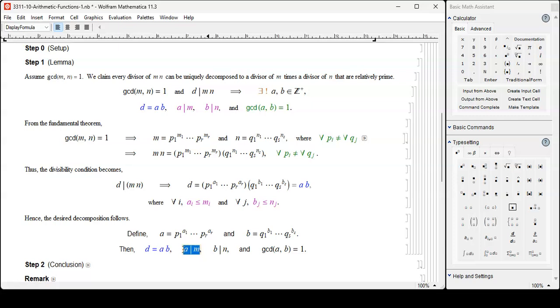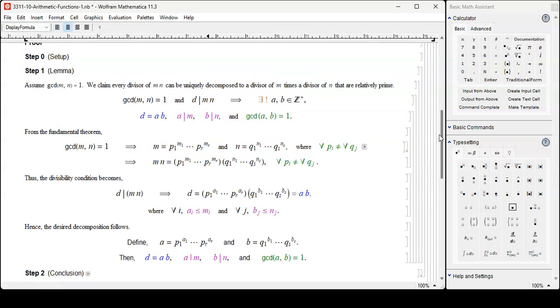And a divides m and b divides n because the powers of p for a are less than those for m, and the same for b versus n. And the prime factors are all different, so they're all relatively prime. So in this color coding, you can see all the conclusions that we need and what part is causing what conclusion.